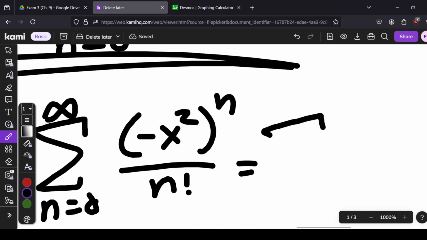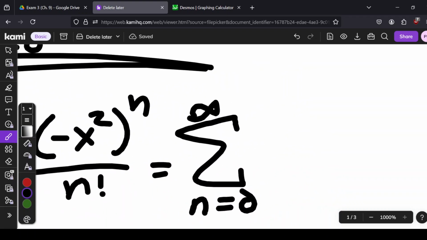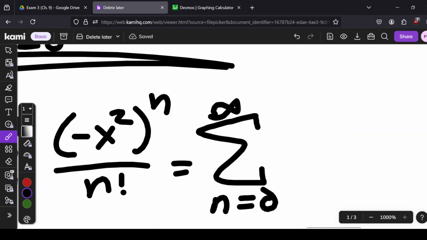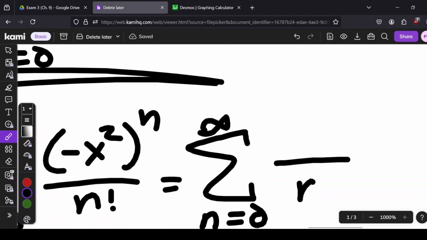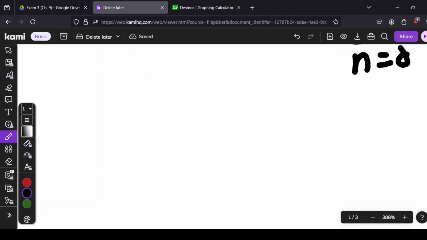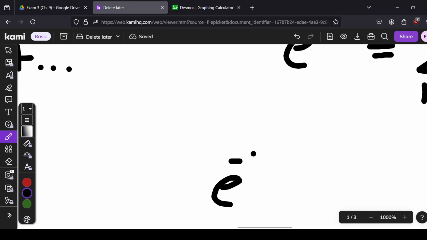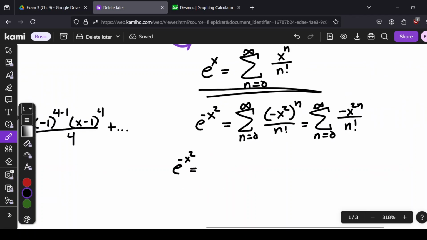You can break that down a little. That's going to be negative x to the 2n. I don't know why it took me so long. But alright. Now let's write this out for real as a polynomial.